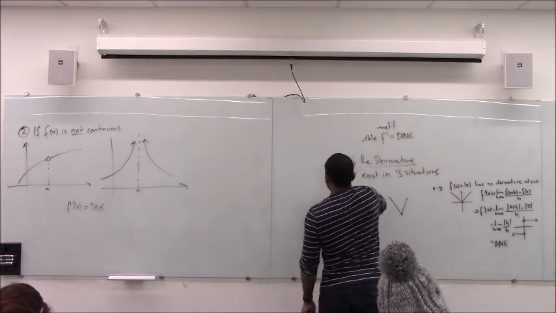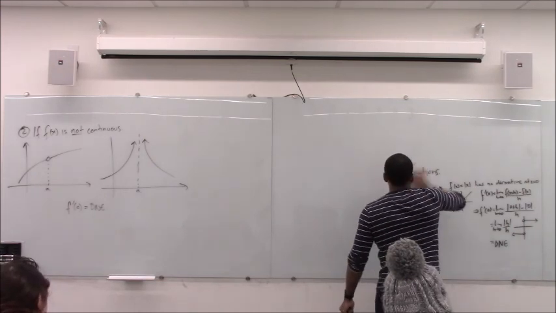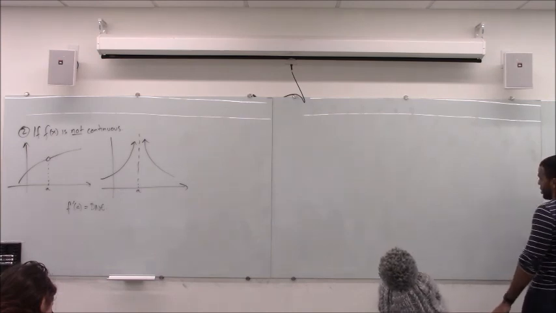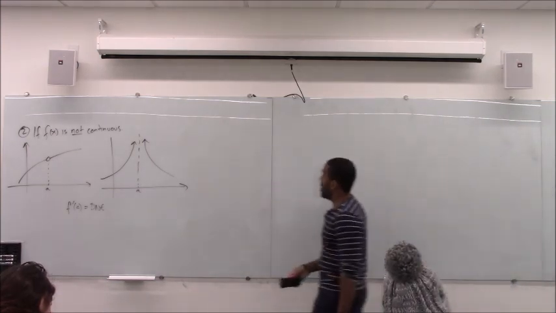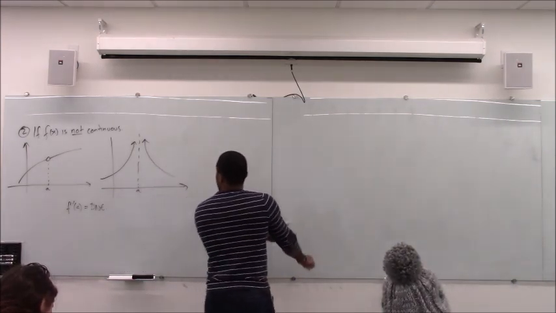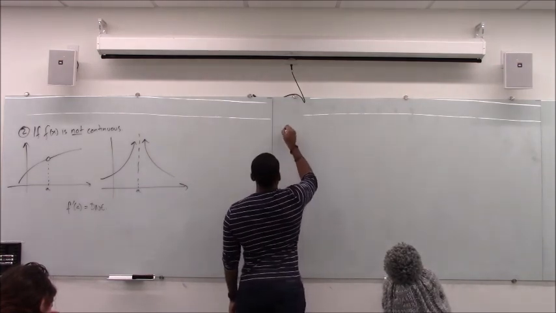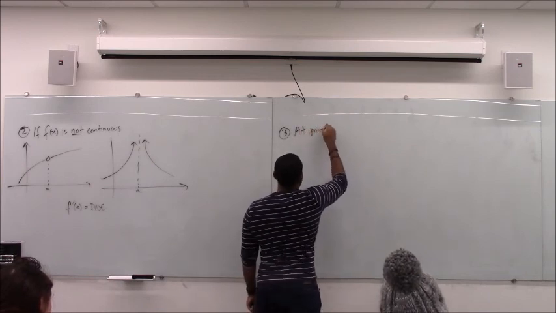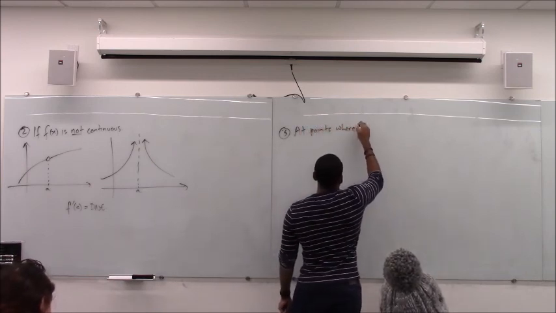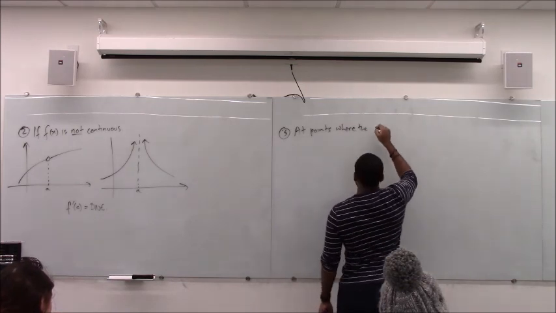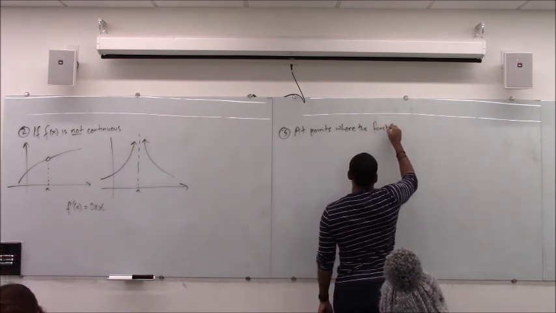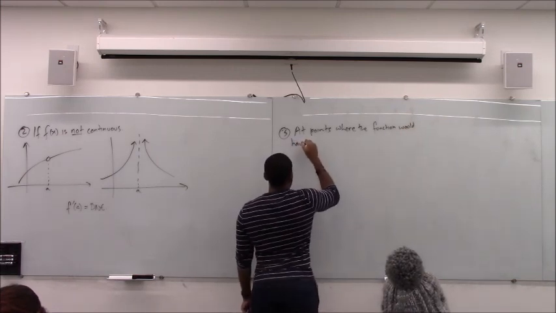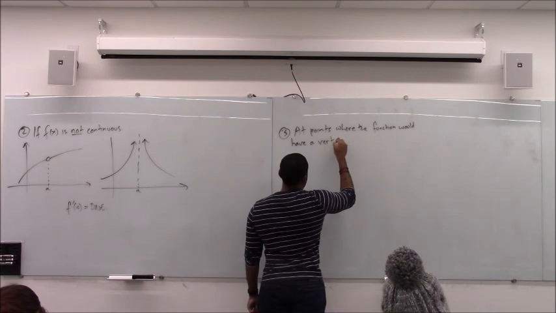The third situation, now this one is somewhat strange. We won't encounter it a lot, but it is a thing out there. So I'm going to tell you about it. And these are at points where the function would have a vertical tangent line.